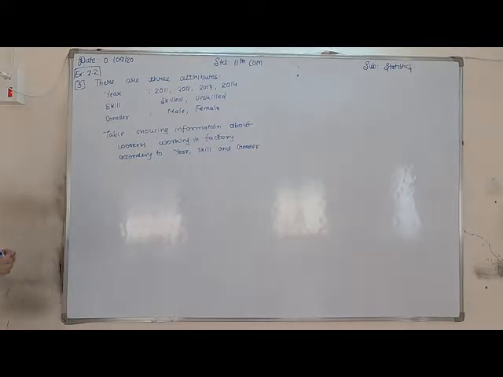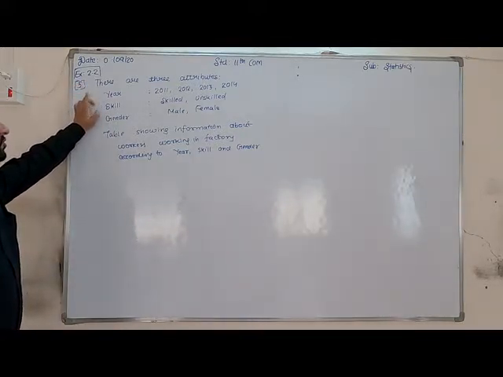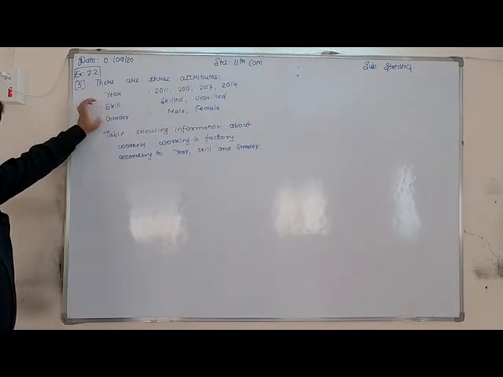Now year has 4 and both these are 2. So this is vertical, this is horizontal upside and this is horizontal downside.